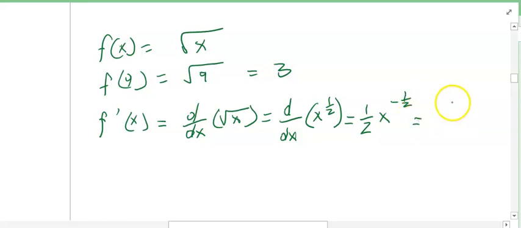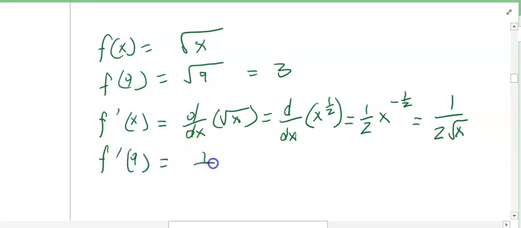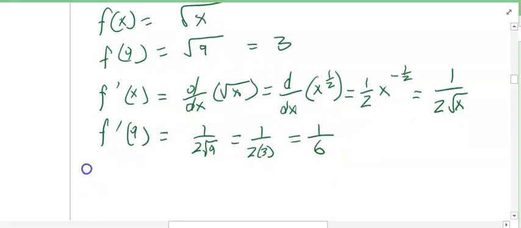Rewriting that as a fraction, that's 1 over 2 radical x. So f prime of 9 will be 1 over 2 radical 9, which is 1 over 2 times 3, which is 1 over 6.